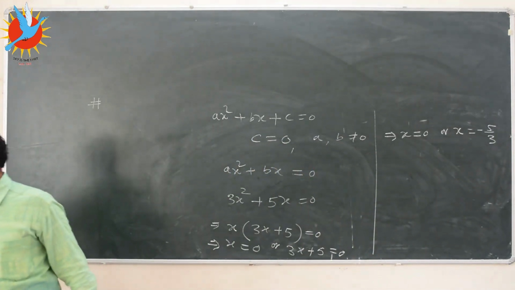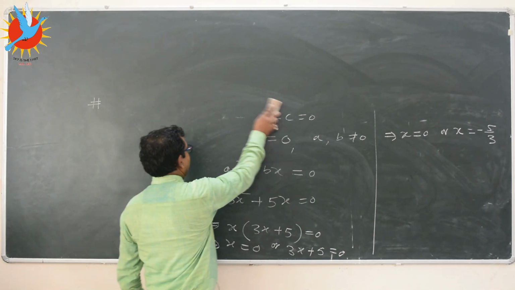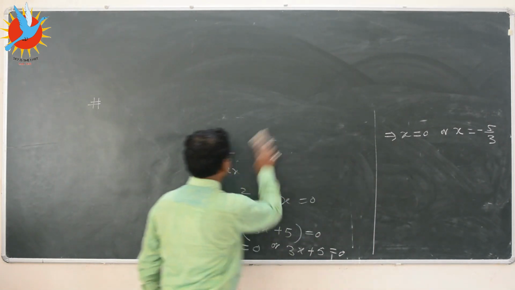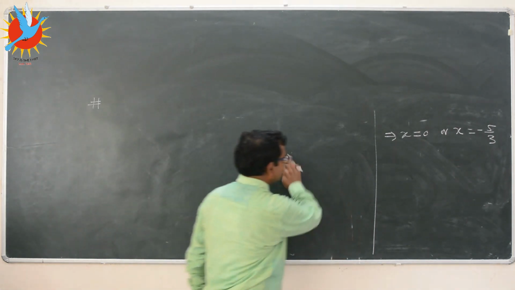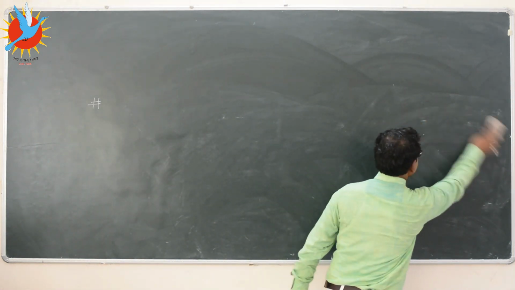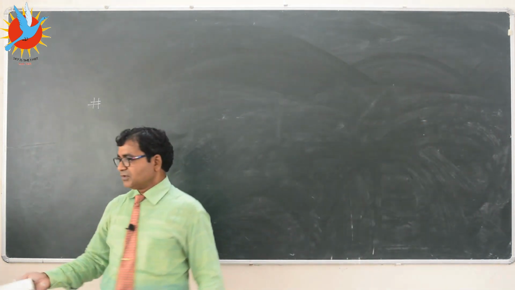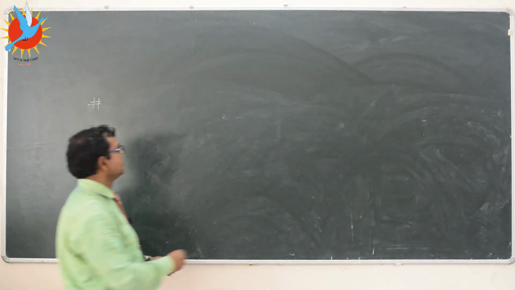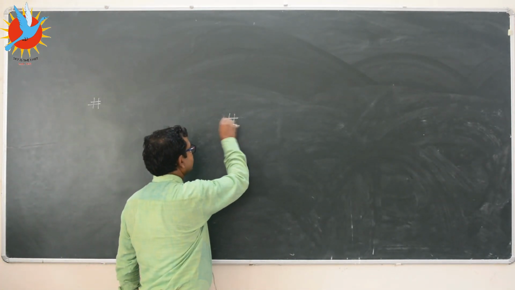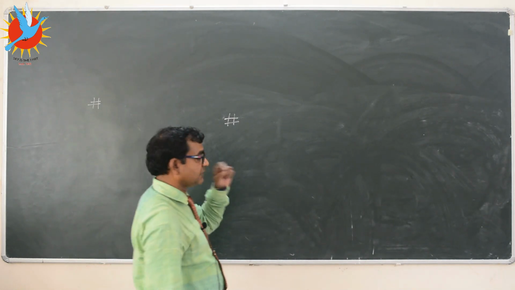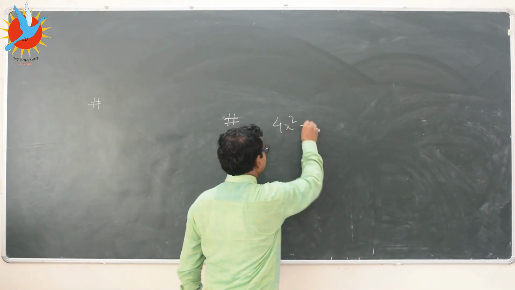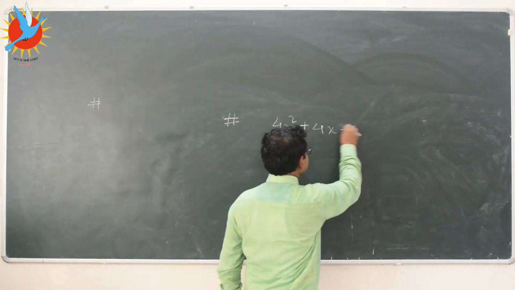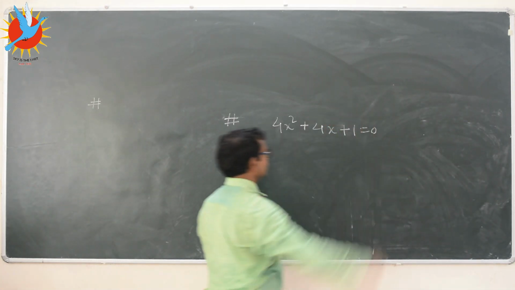Now I want to give you another type of quadratic equation solution which can be converted into whole square form. So let us take a quadratic expression which can be converted into whole square form, like 4x square plus 4x plus 1 equal to 0.